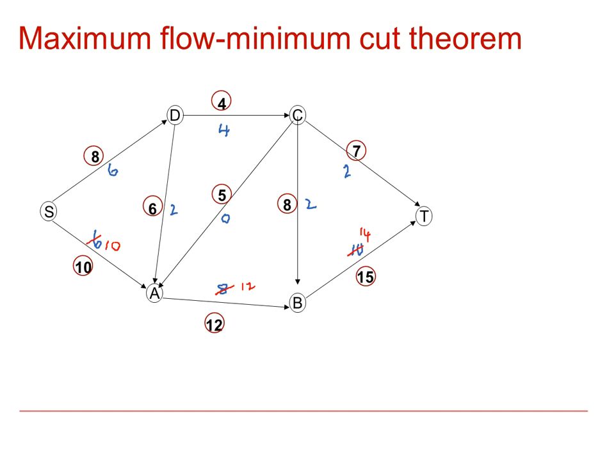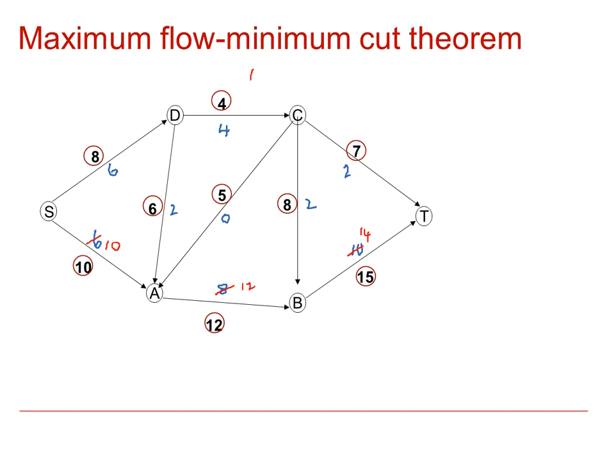And the question would be, well, can we go any further than that? And you'd probably look around and say, well, it doesn't look like we can. So, well, is it therefore our greatest? Can we prove it? And if we can find a cut which has got a capacity or a value equal to 16, then that must mean that our flow that we found of 16 is a maximum.